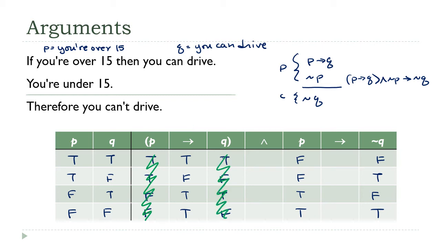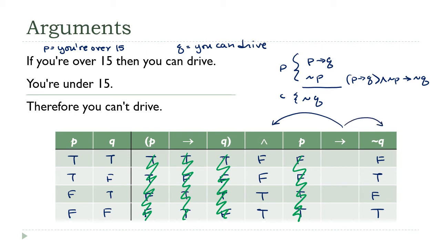Then I'm going to do the and. That's going to be this column and this column. So with an and, I'm looking for true and true. That one gets to be true. Everything else is false. Now I'm done with these columns, and I'm going to do the final implication, based on this row and this row.